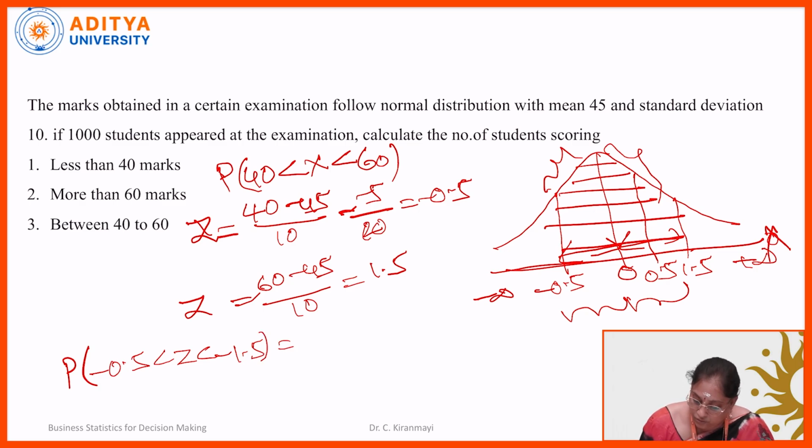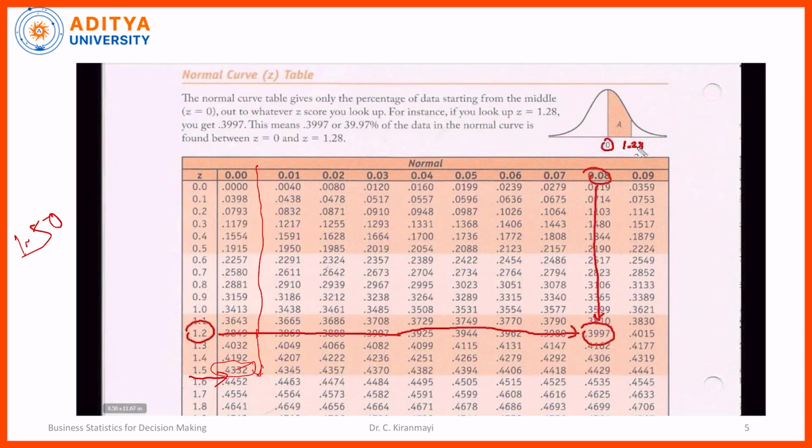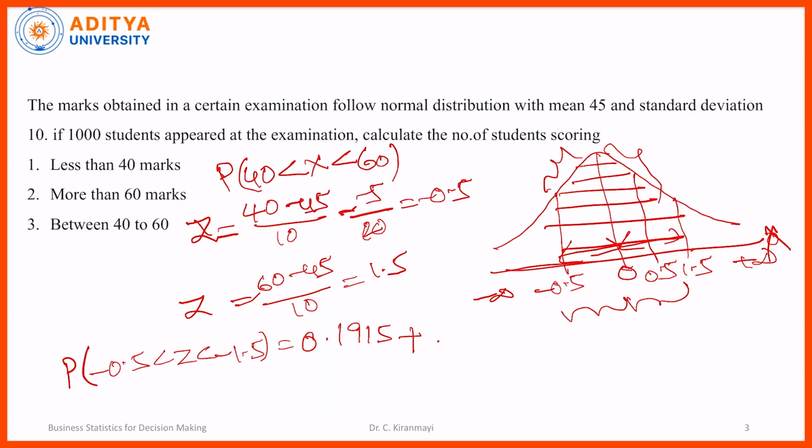That is P of minus 0.5 less than Z less than 1.5. For the area from minus 0.5 to 0, we have already obtained 0.1915, plus the area between 0 and 1.5, which we obtained as 0.4332.